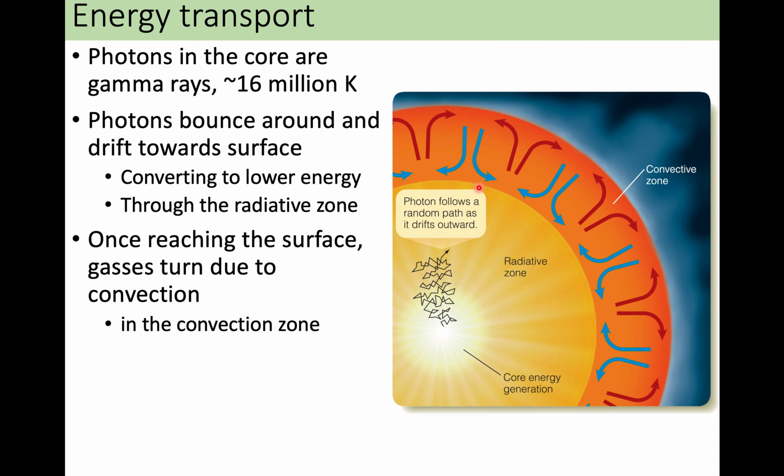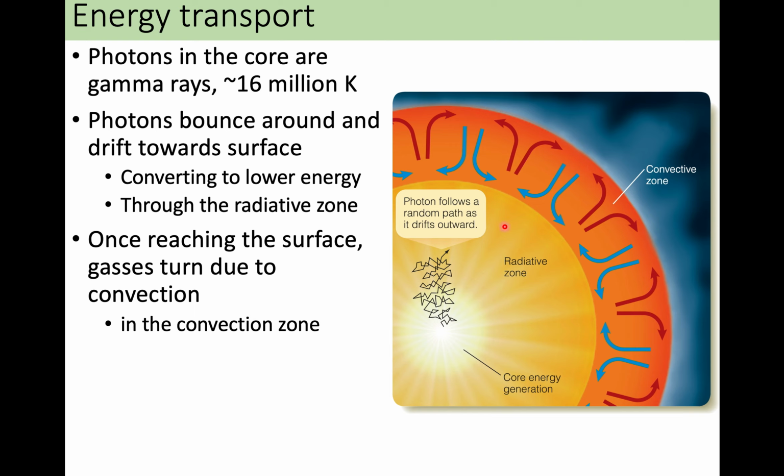Once they reach the surface of the radiative zone, we have what is called the convective zone. So the convective zone is where the gases towards more of the surface of the star are being convected.